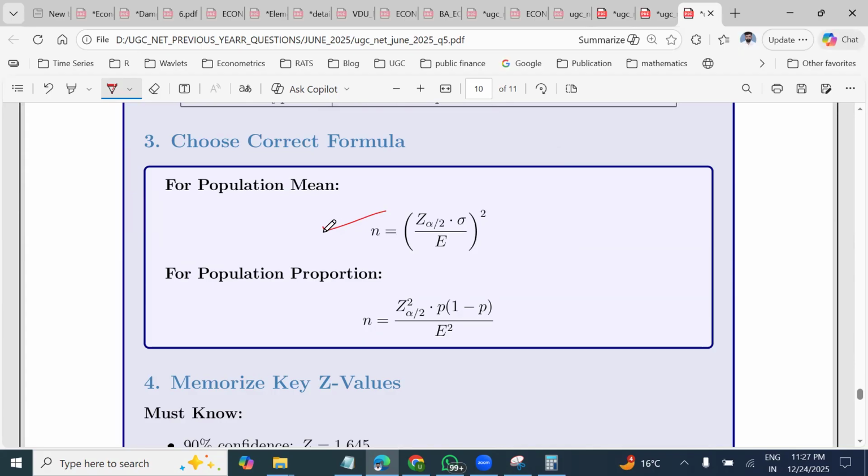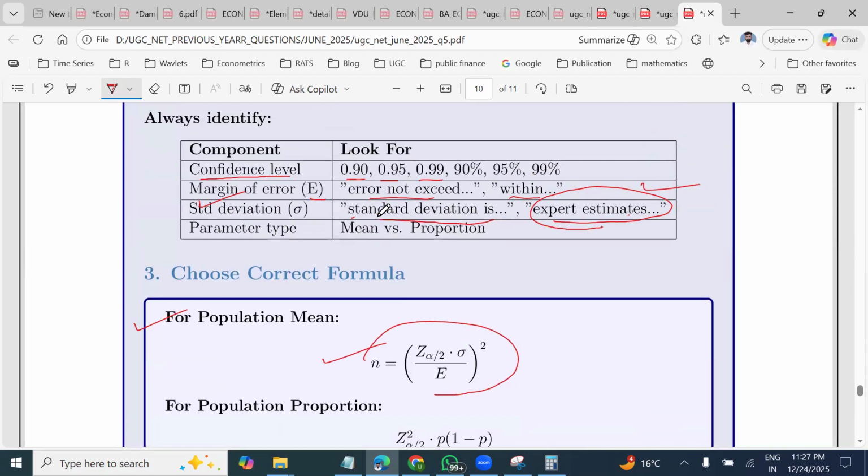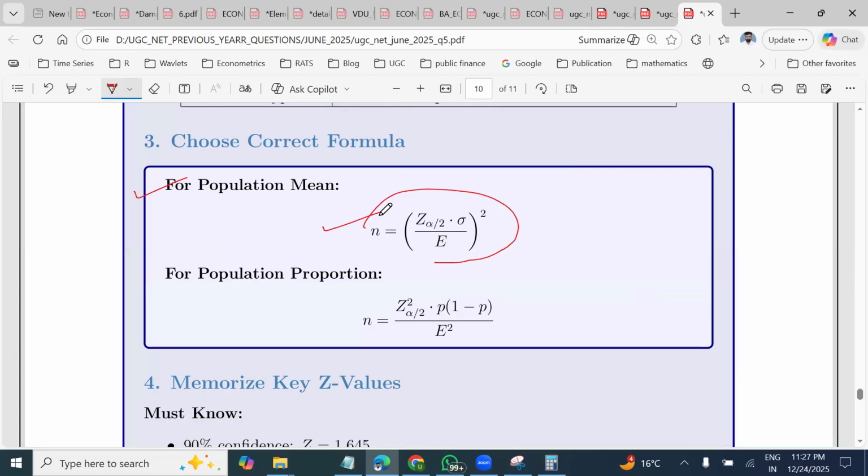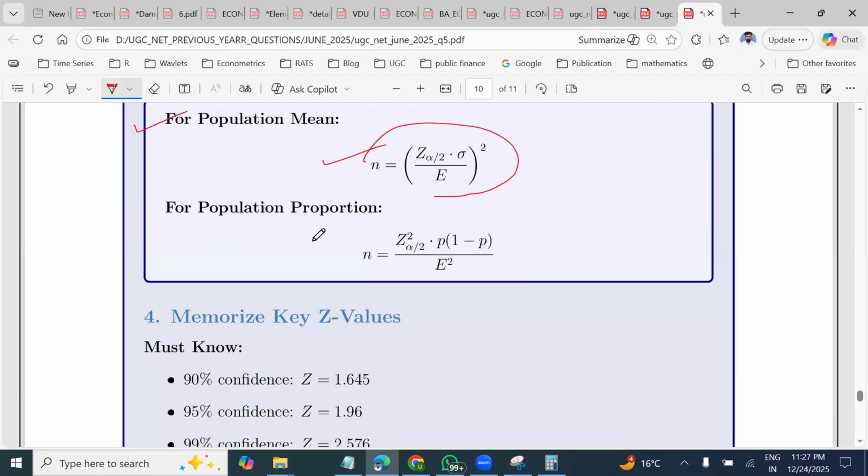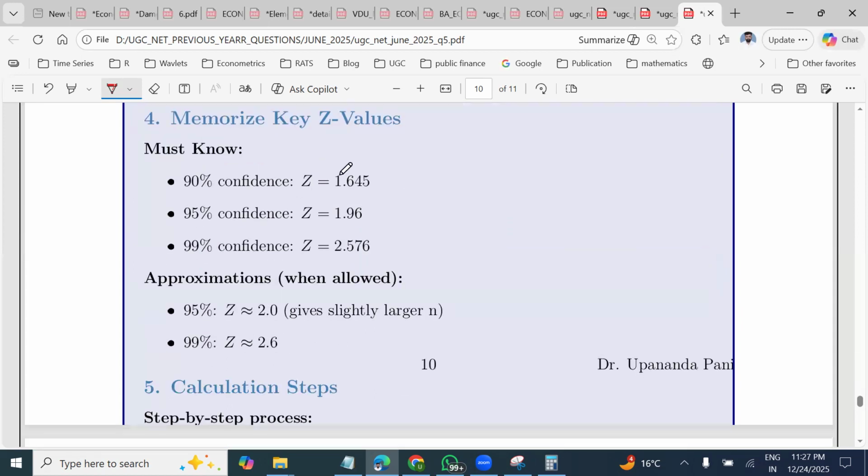So for population mean, are you getting it? Then you use this formula, and for population proportion, if it is given in percentage form, then in that case we will be using it in this way. Okay. So key values you can memorize: 1.96, 1.645, 2.576.